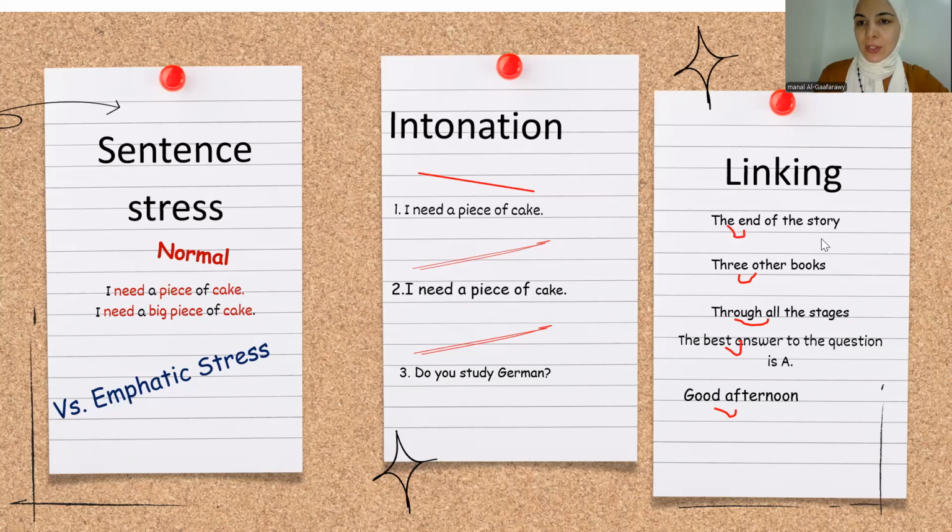So the end of the story, the end of the story, okay? But when I say the end of the story, here you are breaking the flow of your speech. Another example is three other books. So here again, we have E, I stretch my lips. So I have to link it to the other vowel using the Y sound. So three other books.